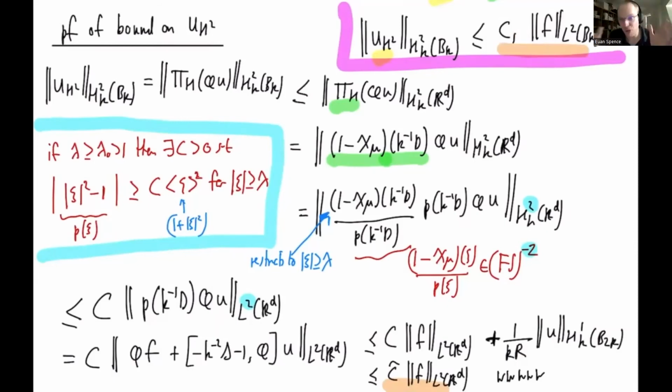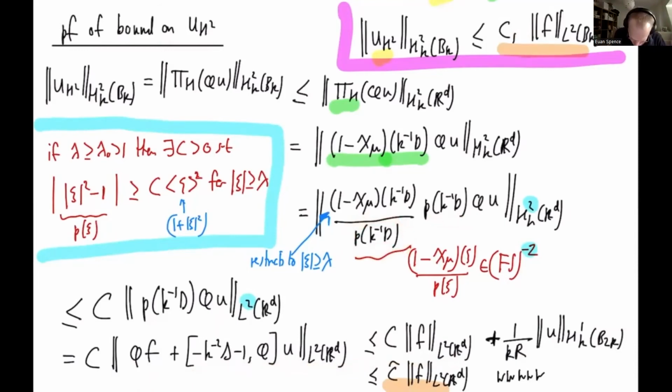Okay, but what I want to emphasize is that there was this fiddling around here with the commutator at the end, but the heart of it was multiplying and dividing by the Helmholtz operator. So, sorry, I should be more precise here.